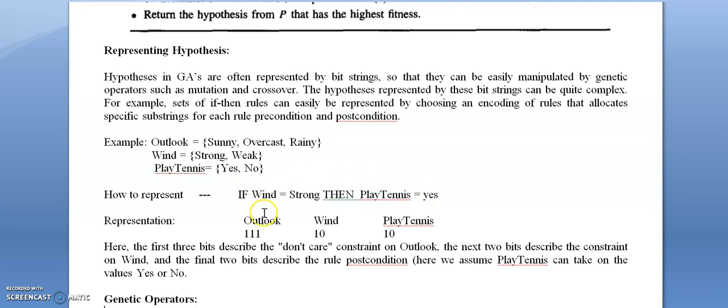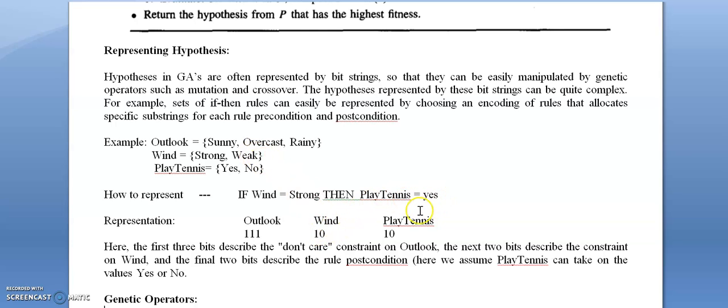Let's see. Here, any value of the outlook will work for this statement. So we will write 1 1 1, and these 3 bits describe the don't care constraint, since there is no constraint on the outlook attribute. Now when wind needs to be strong, with respect to strong we write 1 and with respect to weak it is 0.